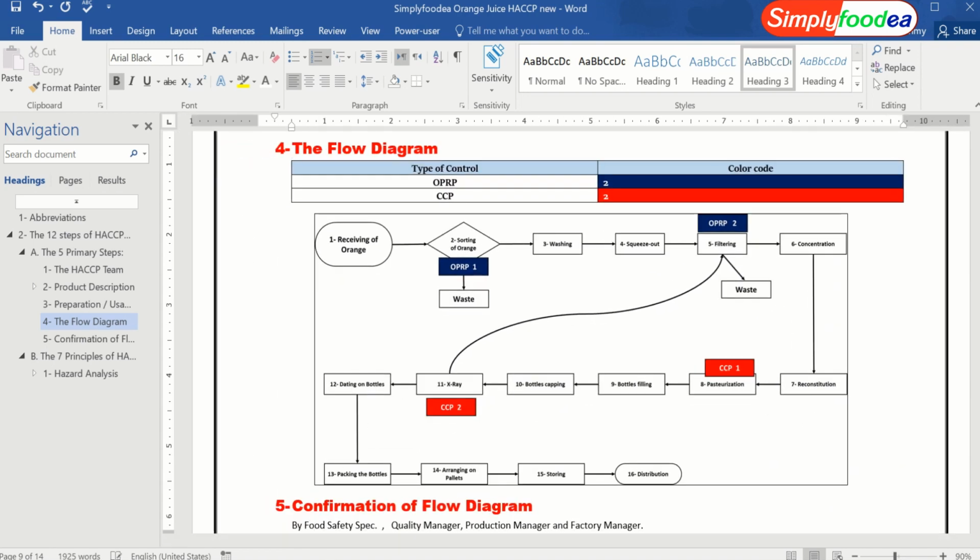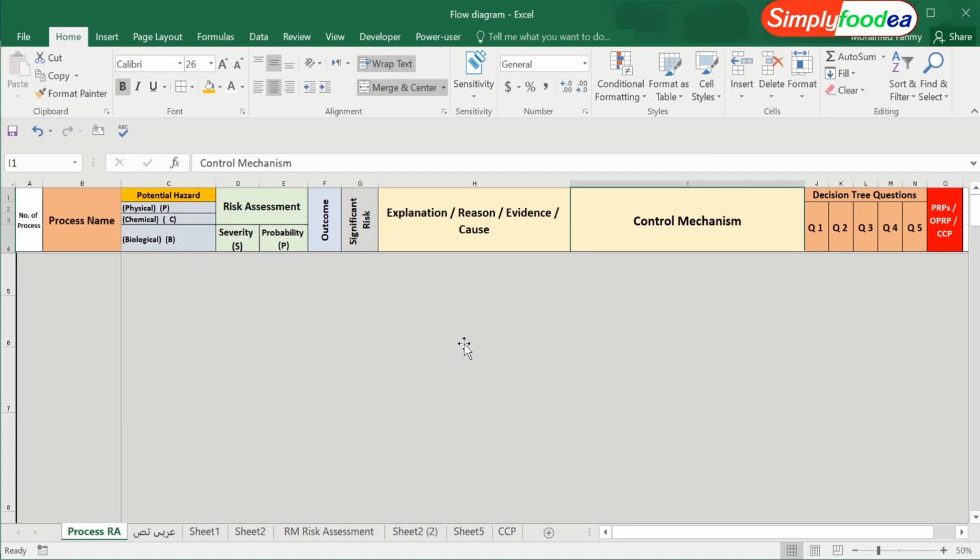Okay, so you will make a table for the process risk assessment. Now we are creating a table for the process risk assessment, and I'm using the FSSC version 5.1 decision tree, which consists of 5 questions.